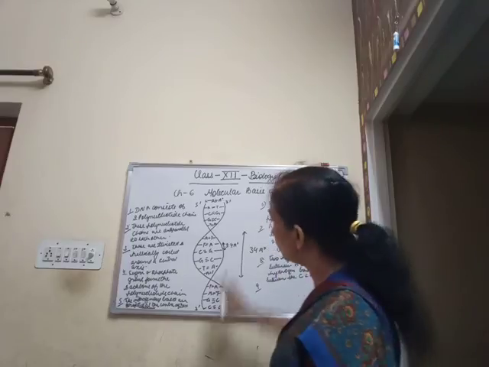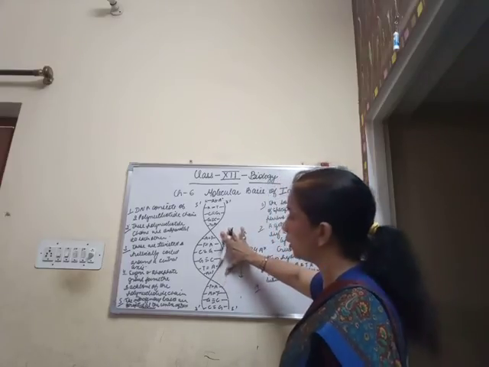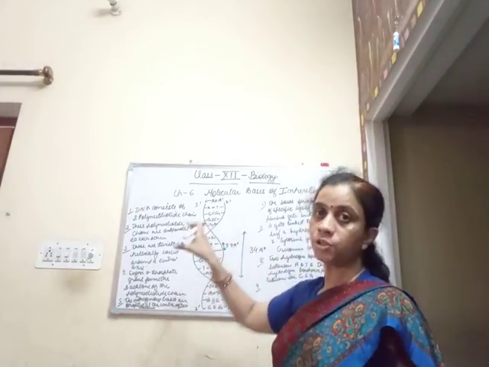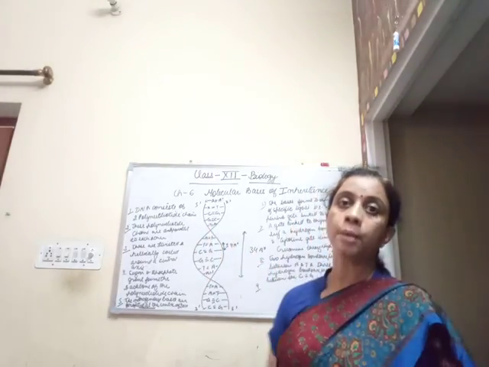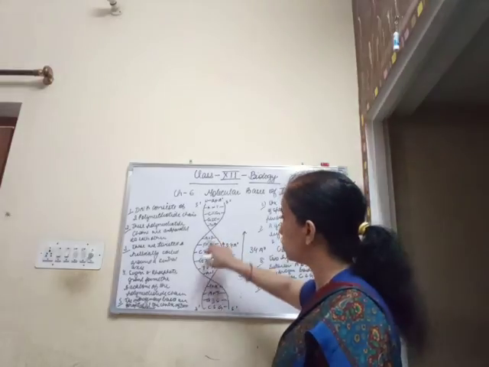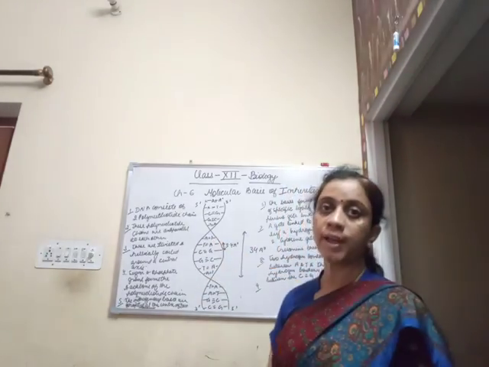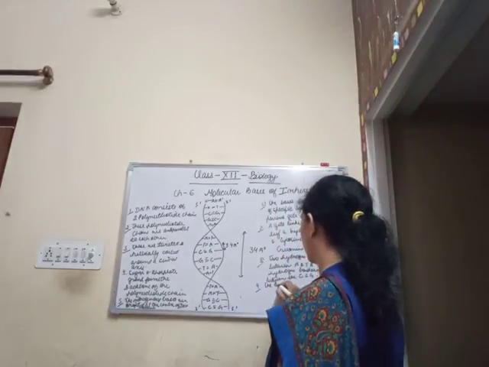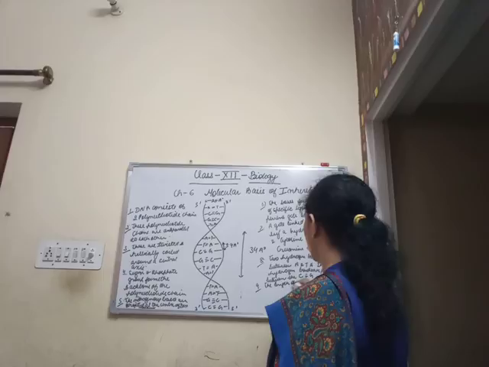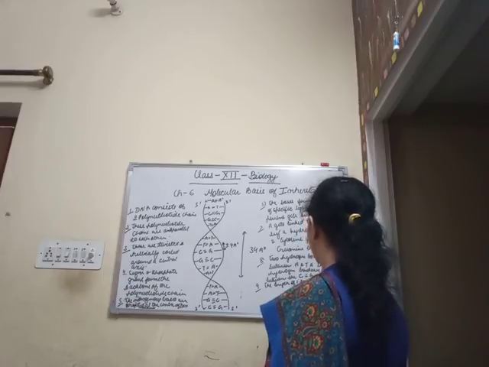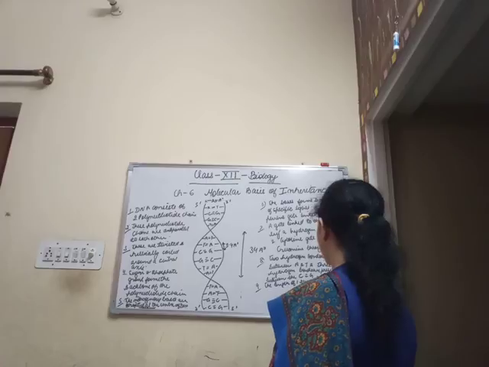Next, the length of one such turn is 34 angstrom, and one such turn consists of 10 base pairs. Therefore, the distance between the 2 adjacent base pairs is 3.4 angstrom. The length of one turn is 34 angstrom.